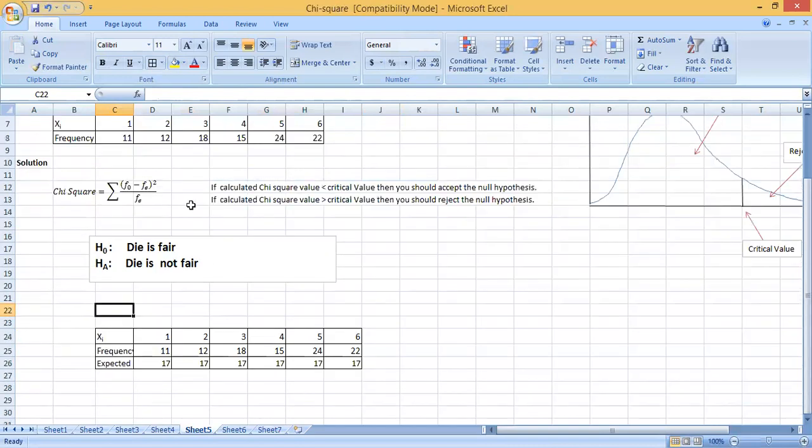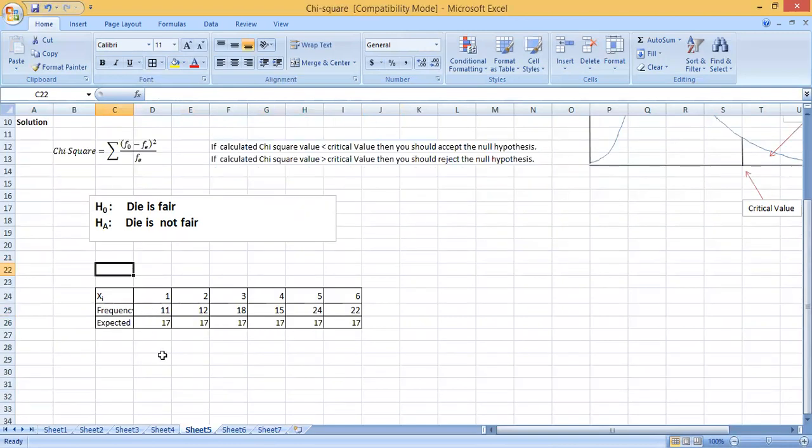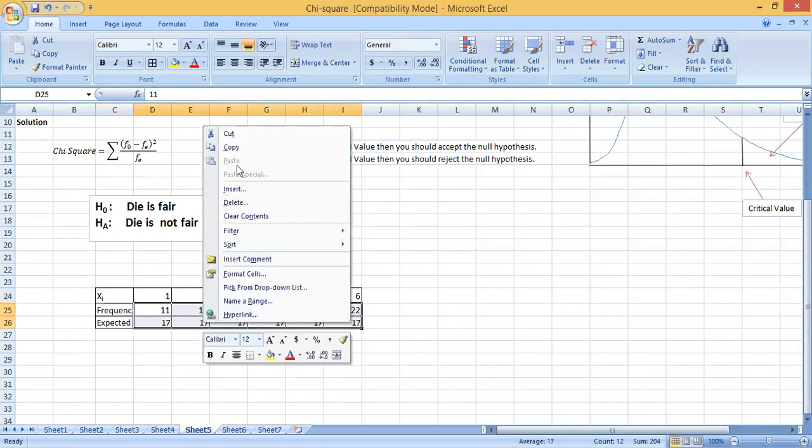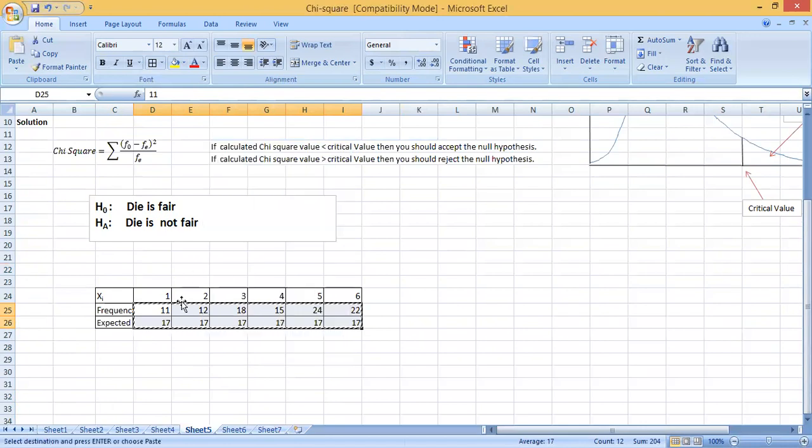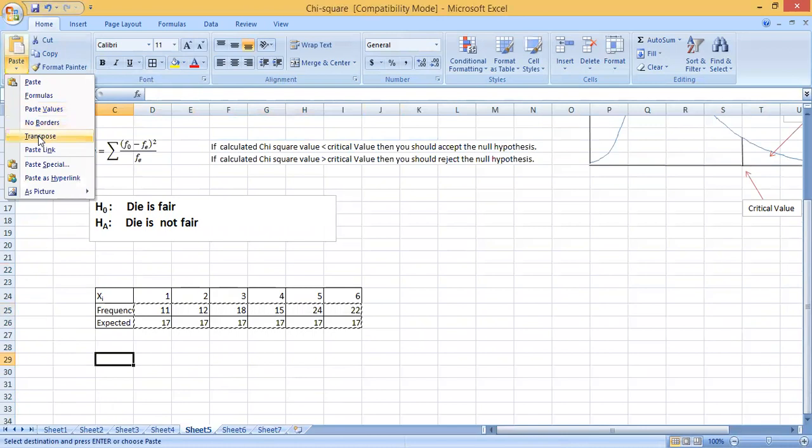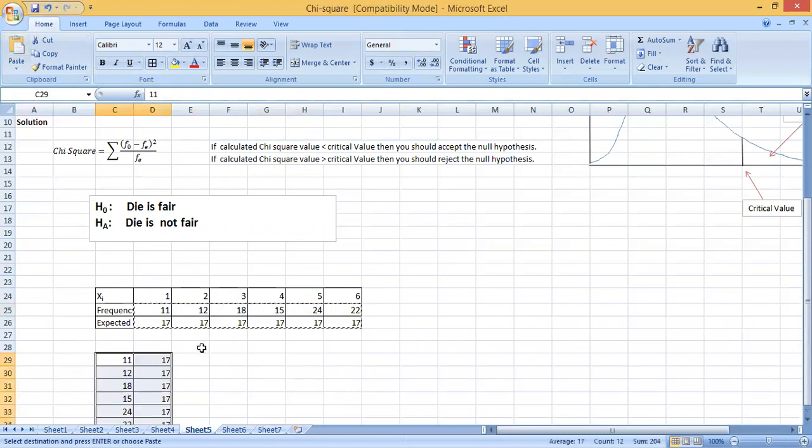The formula says that we have to take the difference of these and then the square of it. I am copying and pasting here.